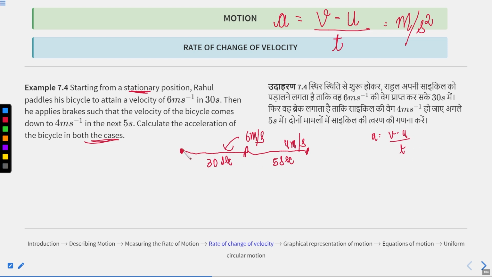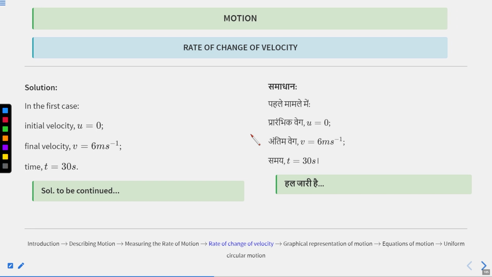The initial velocity was 0 and the final velocity was 6 meter per second in 30 seconds. Then it applies the brake for 5 seconds and the final velocity becomes 4 meter per second. For this case, the final velocity is 4 meter per second and the initial velocity is 6 meter per second. So let's see the detailed solution.